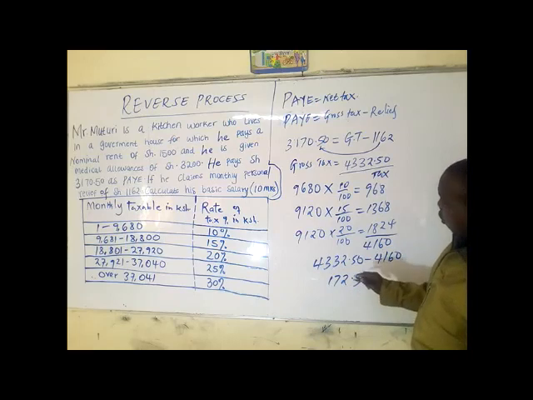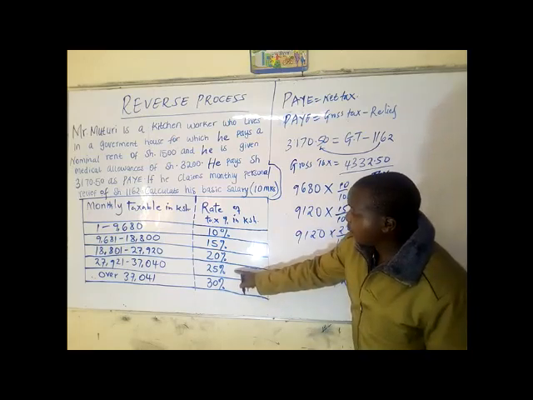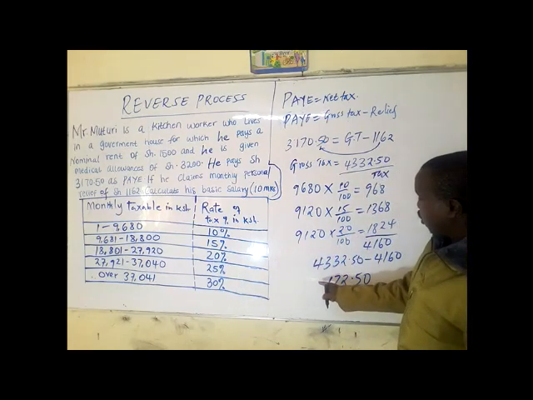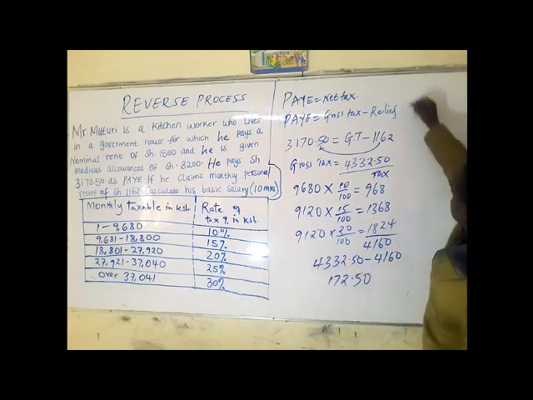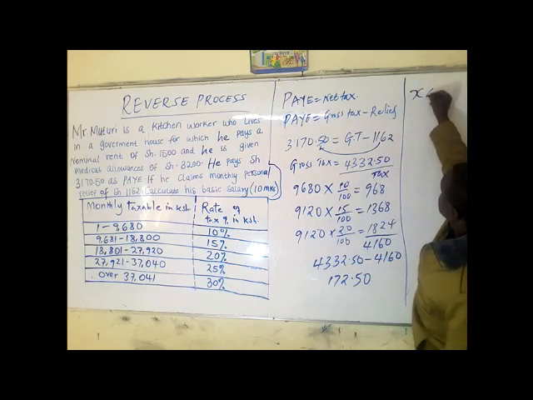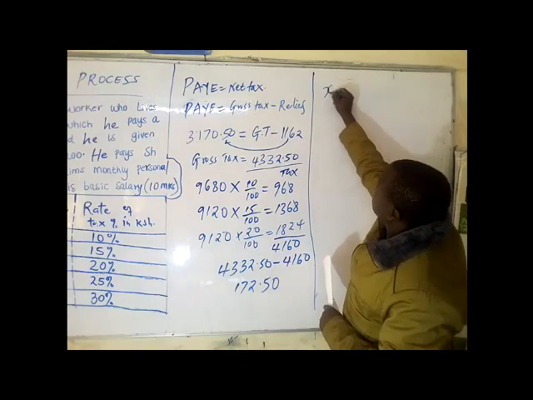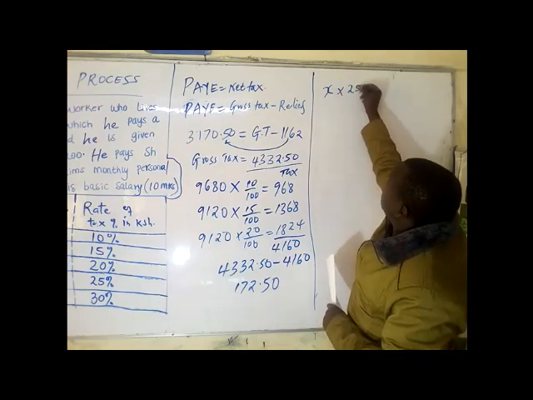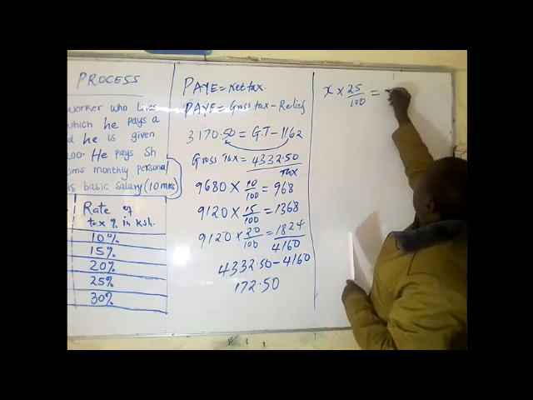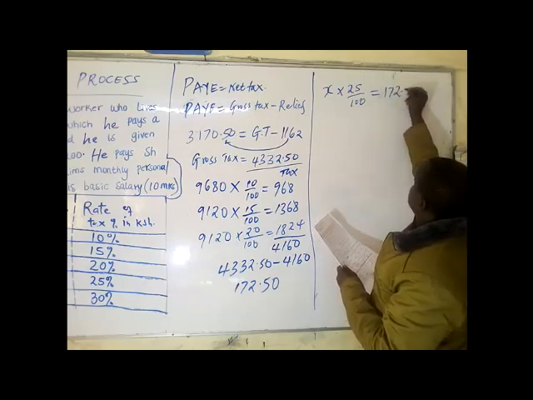Now we want to know what amount of money gave this tax, which was obtained from the slab where we have 25%. We don't have the money, but we can get it. So we say x times 25 over 100 will be equal to 172.50.